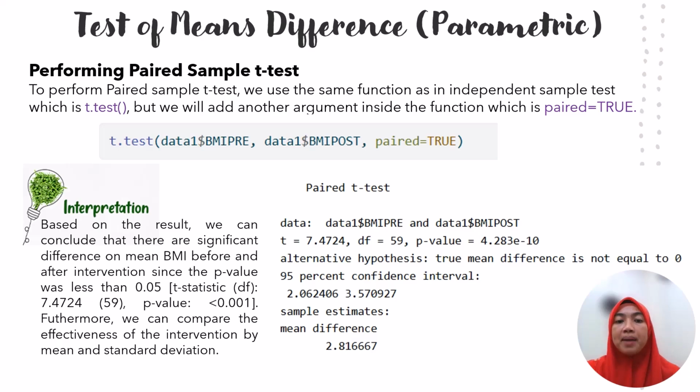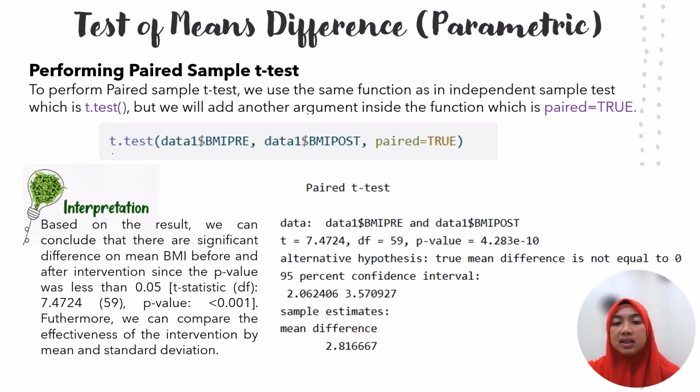To perform the paired sample t-test, we use the same function as in the independent sample t-test, which is the t.test function. But we will add another argument inside the function, which is paired is equal to TRUE. So this is the function for performing the paired sample t-test, the syntax for the paired sample t-test.